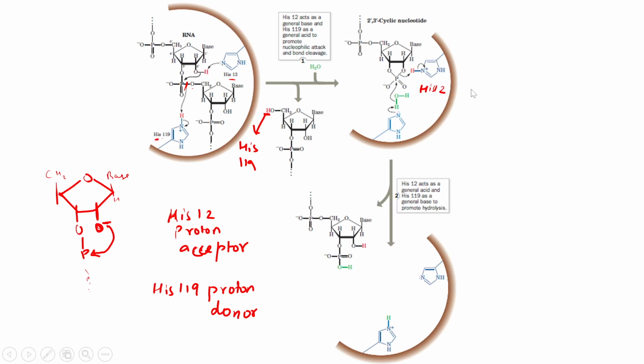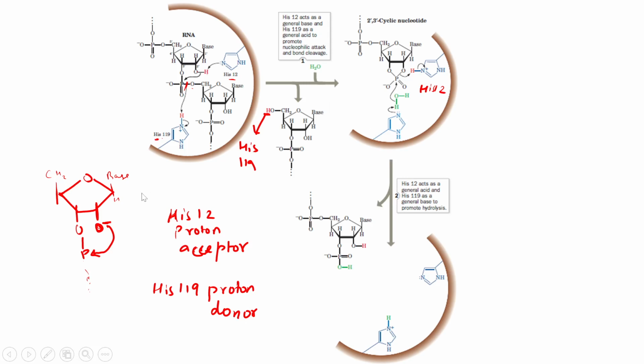The histidine 12 is actually acting as an acid. Okay, and histidine 119 had donated its proton to the cleaved molecule. So now histidine 119 has to accept a proton in order to go back to its natural state. So histidine 119 acts as a base.